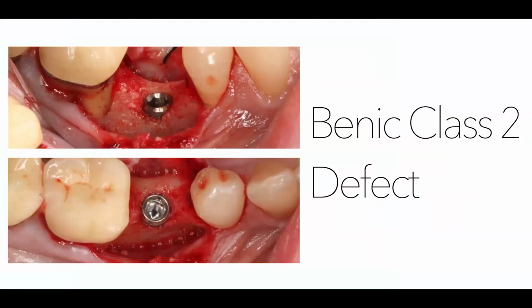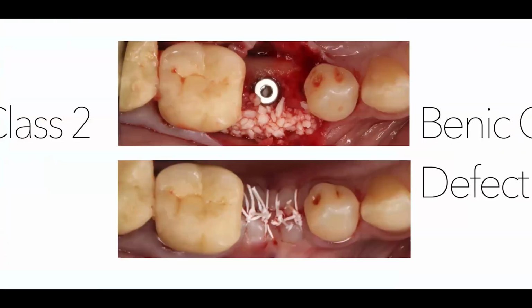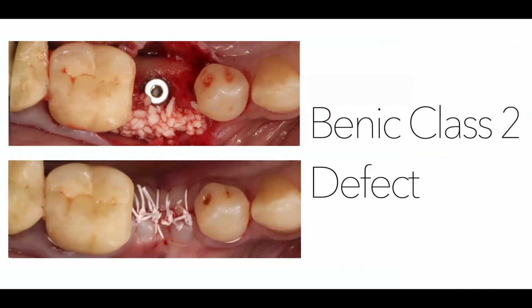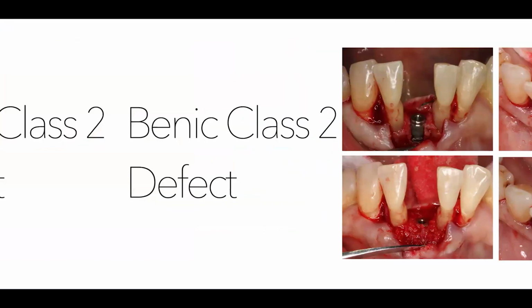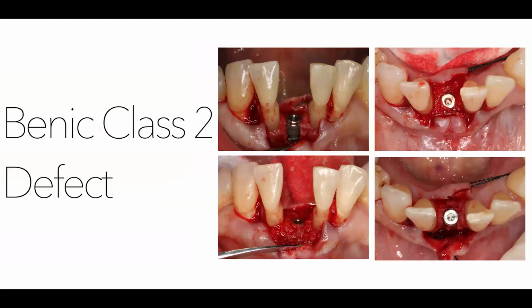So a Bennett class 2, as you can see, might be a very mild defect like this. It's still within the bony envelope, and this is nothing that you should be worried about. It's very easy. You should place the implant at the same time, and we expect a very good regeneration from these deficiencies. This is very contained.